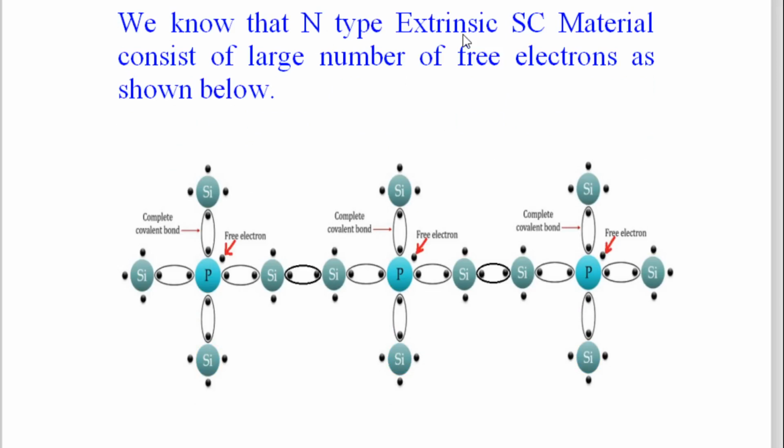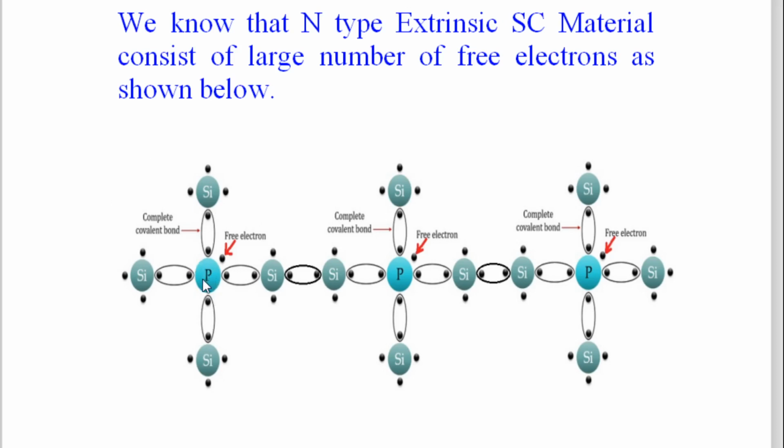We know that n-type extrinsic semiconductor material consists of a large number of free electrons as shown below. In the previous lecture also we studied this, and here also in short we are going to study it. So this is one phosphorus atom which is a pentavalent impurity added into the silicon structure.